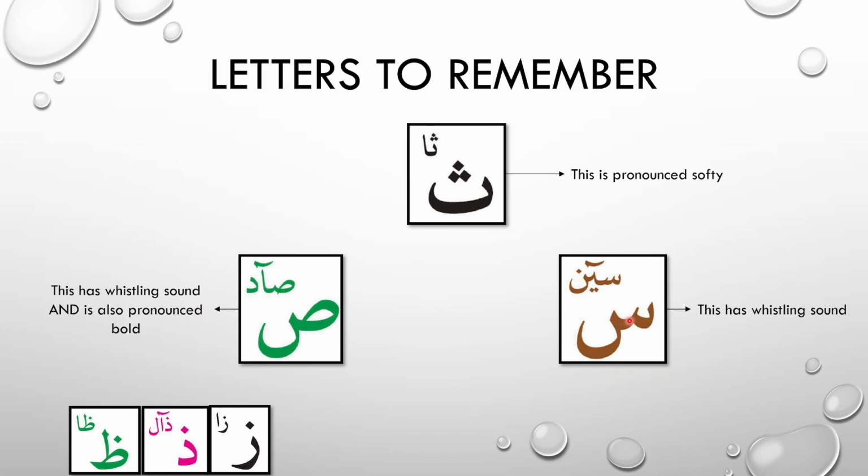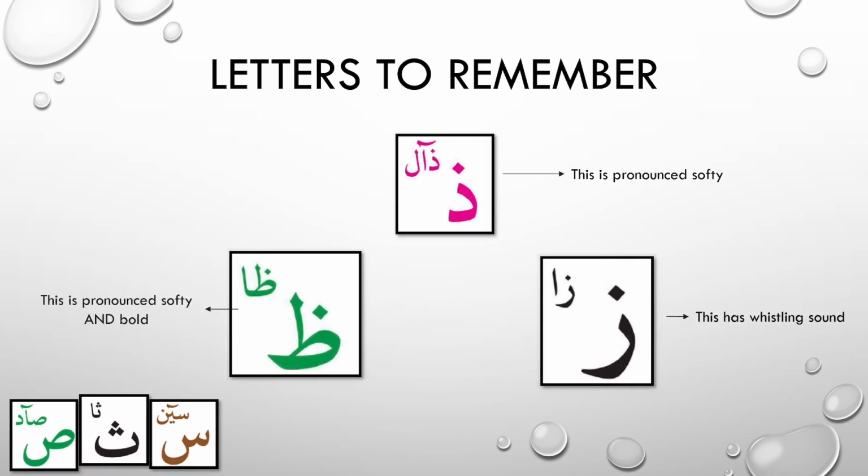So you have to make sure that you remember the differences. Tha, pronounced softly. Then we have seen, only whistling sound. Sad, whistling sound, plus it is also pronounced bold. So you have to remember these differences.